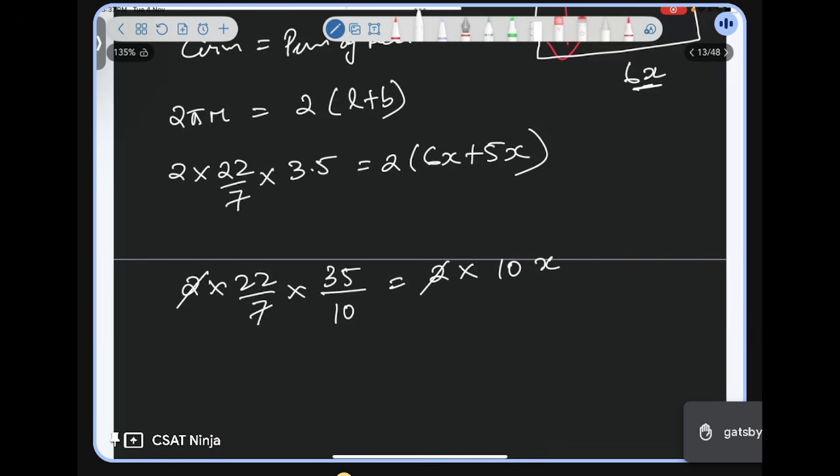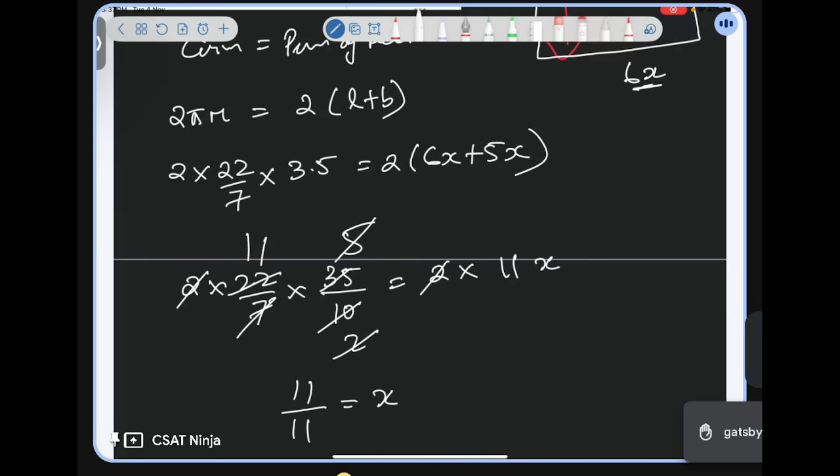After that, I just need to find the value of x. 7 5s are 35, 5 2s are 10, 2 11s are 22. So we get 11 divided by 11, which is x. So the x value is 1.